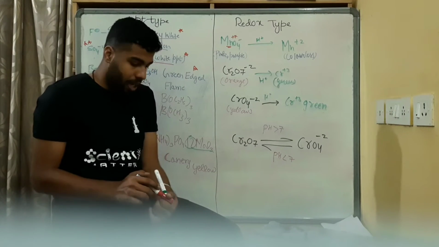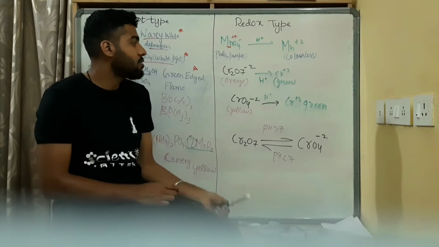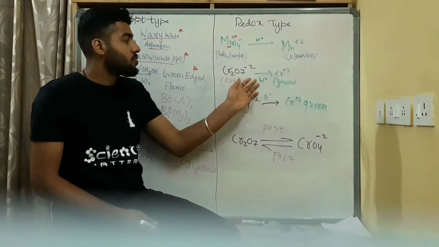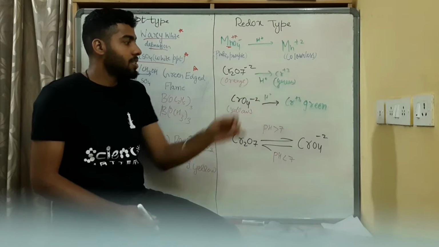And then if you have the chromium species Cr2O7 2-, in acidic medium this will reduce to Cr3+.